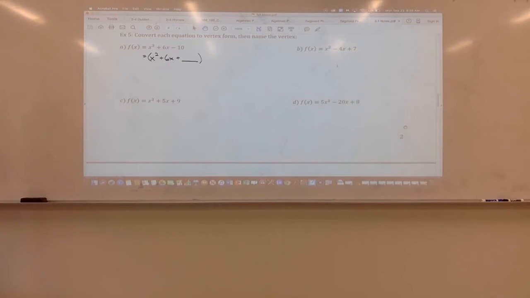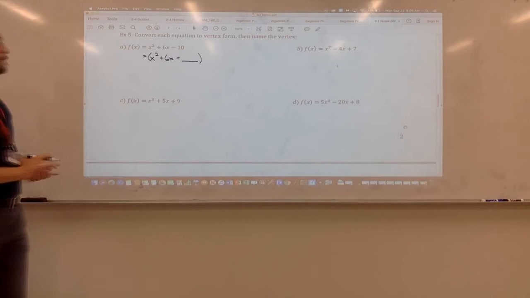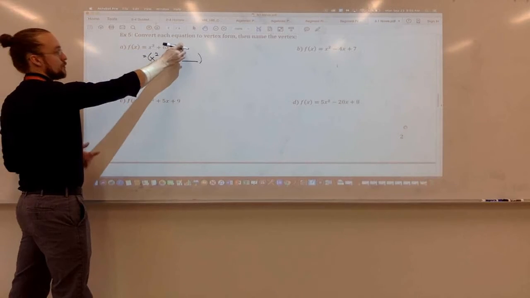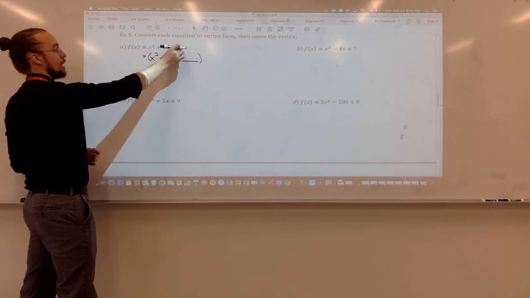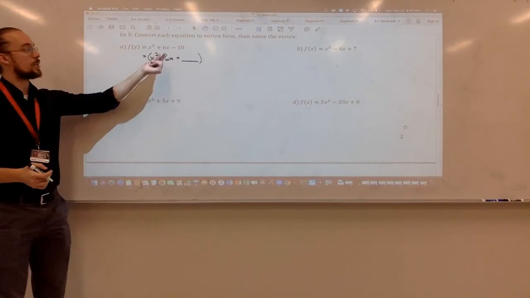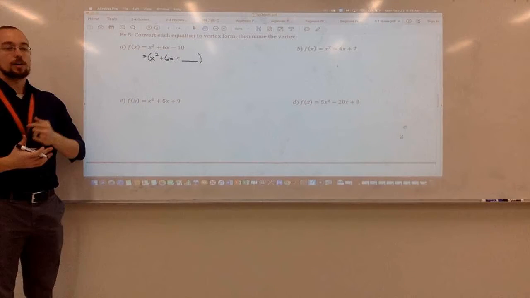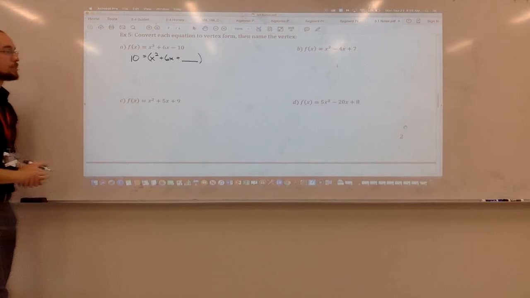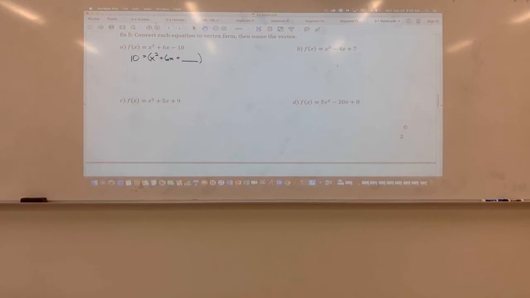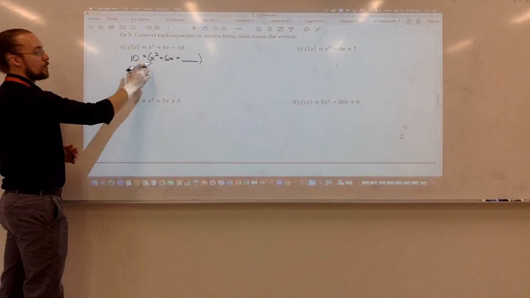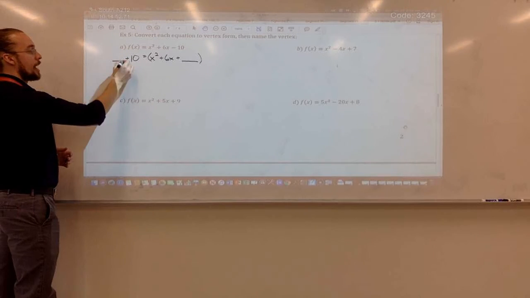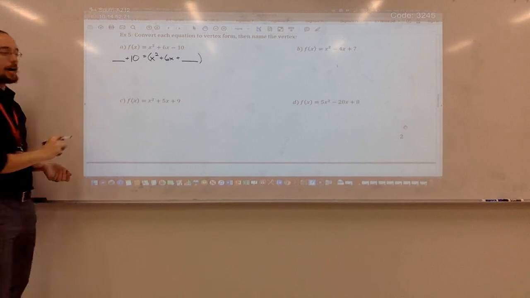There are actually two ways we can do this. I think the way that is less confusing is probably to bring this 10 to the other side. So we're just going to say 10 equals x squared plus 6x plus some blank. Now, whatever I do to one side of the equation, I'm going to have to do to the other. So whatever number I add over here, I'm also going to have to add over here.